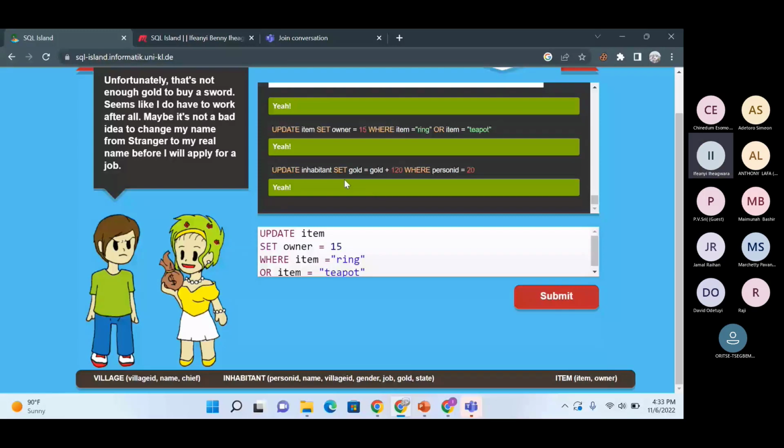Okay, so we're going to set the name. Again, to do that, you're going to use the update clause. So we're going to update the inhabitants table. We want to set the new name of ours, so I'm just going to use my name.